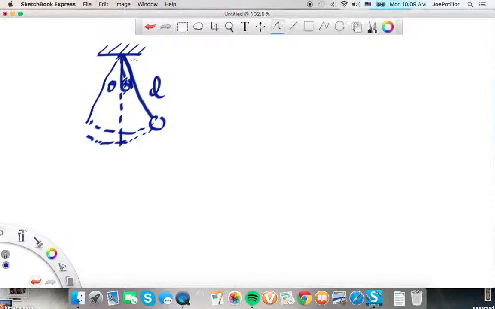So in this situation here, this is a situation like this. But if we draw a free body diagram, it looks like this. Tension at the angle theta.